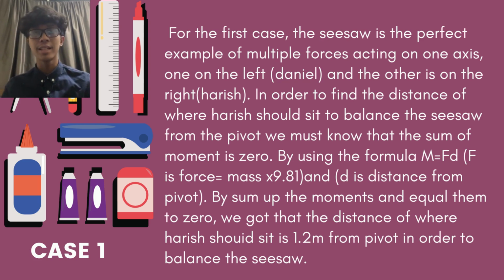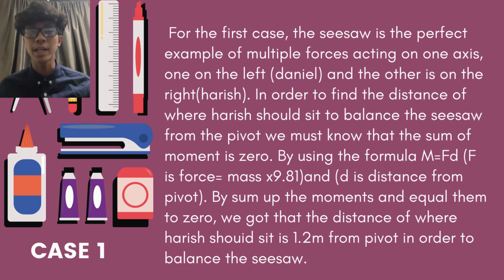For the first case, the seesaw is the perfect example of multiple forces acting on one axis. One on the left, which is Daniel, and the other one is on the right, which is Harish. In order to find the distance of where Harish should sit to balance the seesaw from the pivot, we must know that the sum of moments is equal to 0, like I mentioned before.